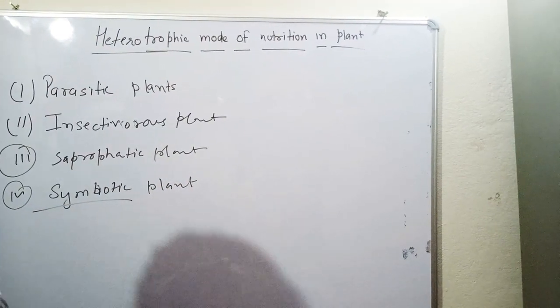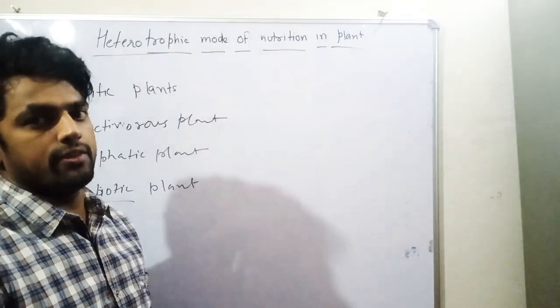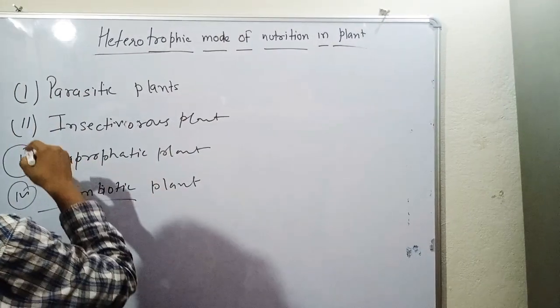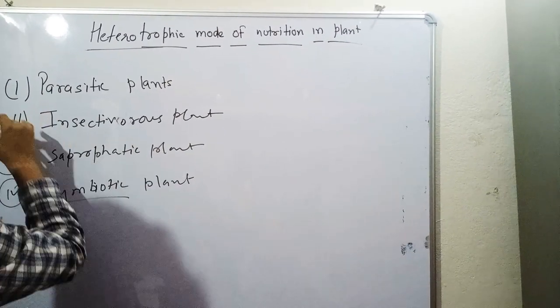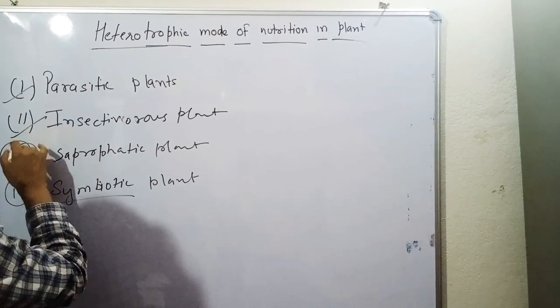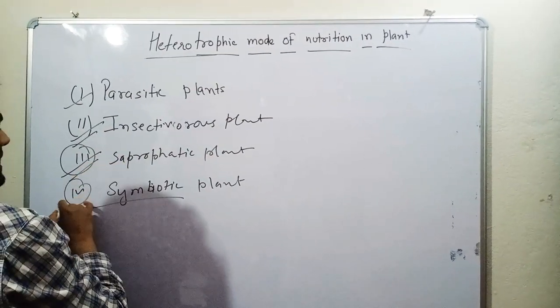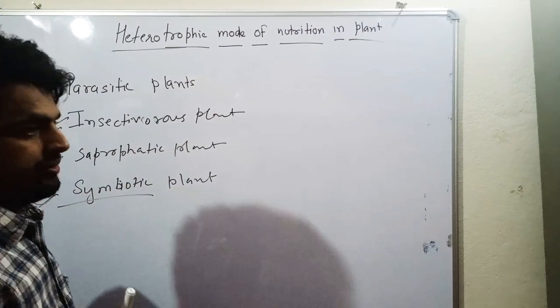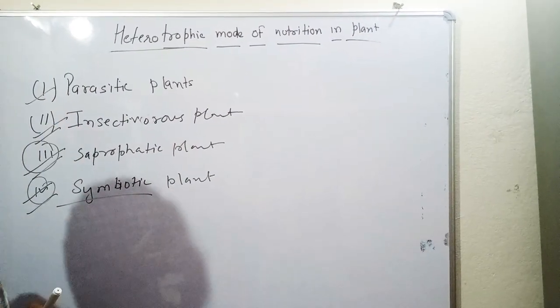On the basis of the mode they get their food, they are divided into four parts, that is parasitic, insectivorous, saprophytic and symbiotic plants. And we will first discuss parasitic plants.